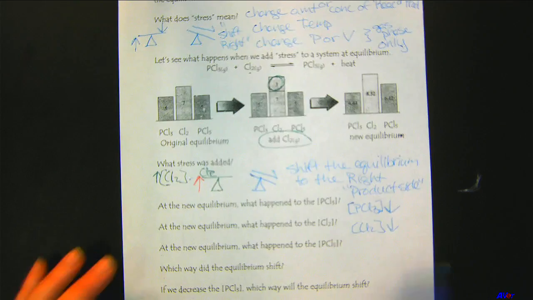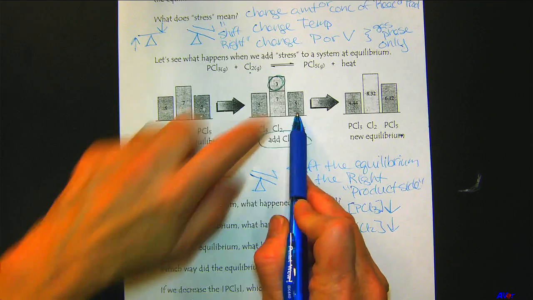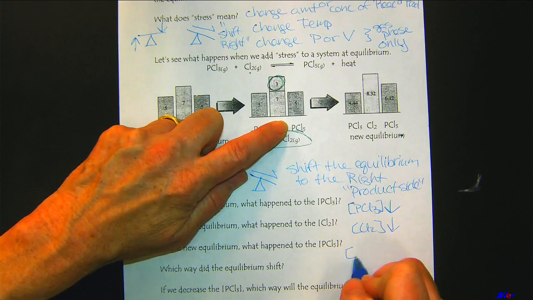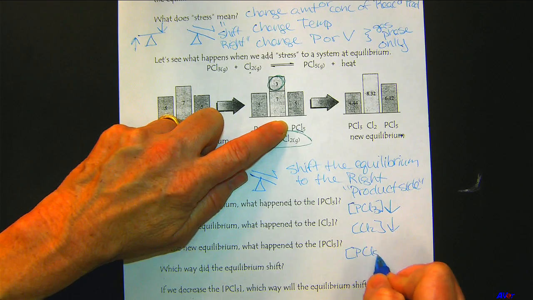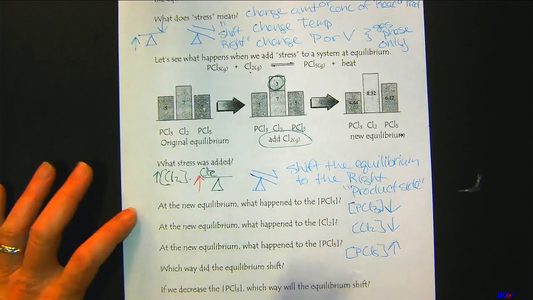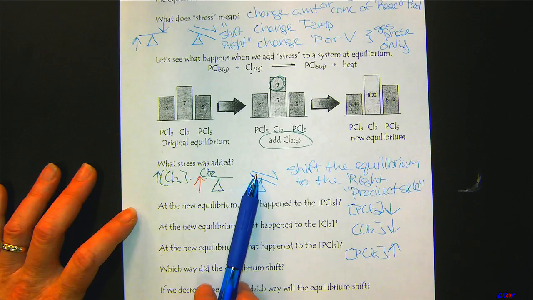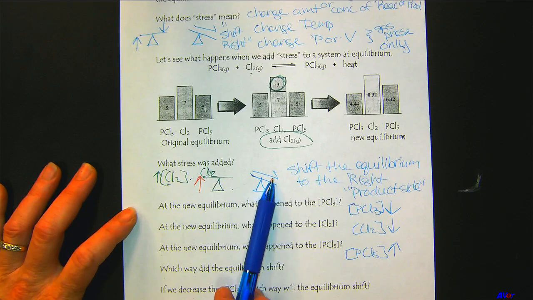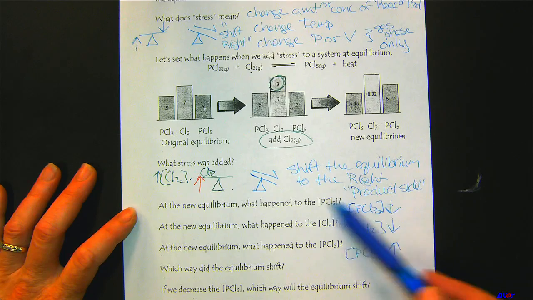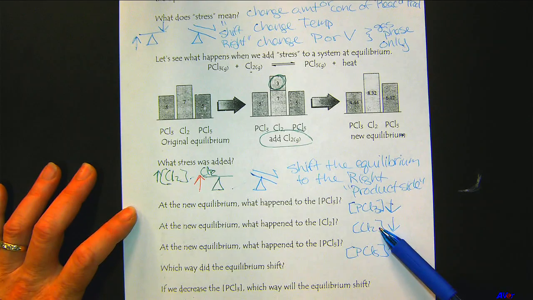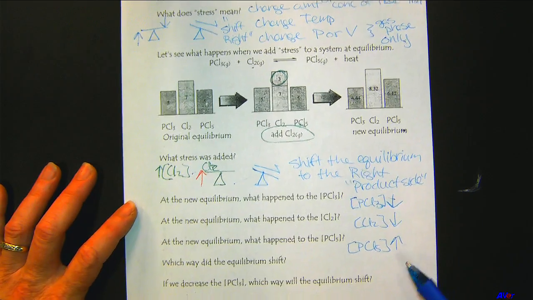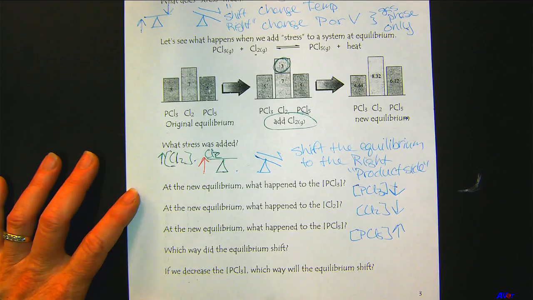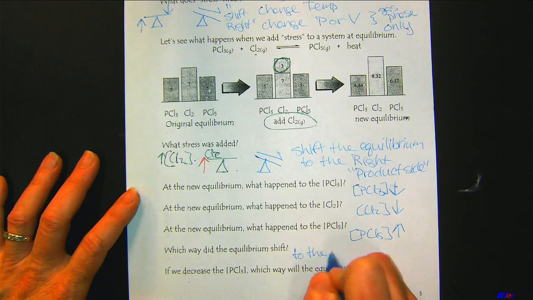And our product went from 5 to 6, so the concentration of our product increased. When we say we've shifted the equilibrium to the right, it means the reactants are going to react with each other to produce more products. So which way did the equilibrium shift? To the right.